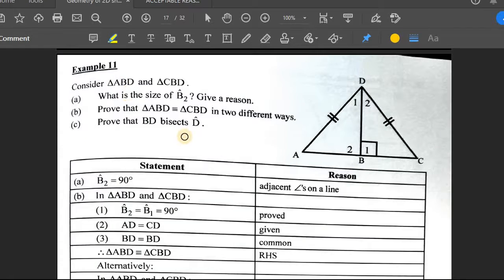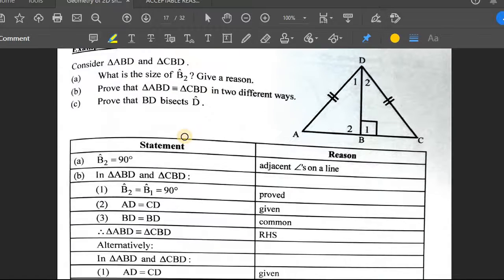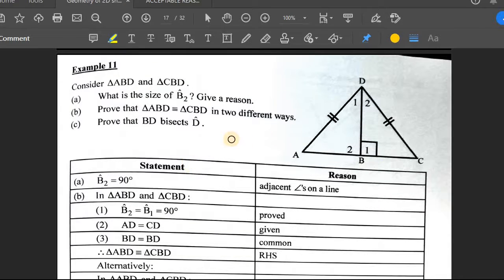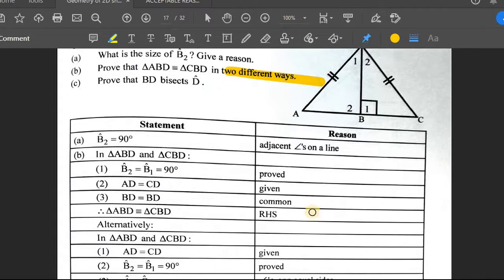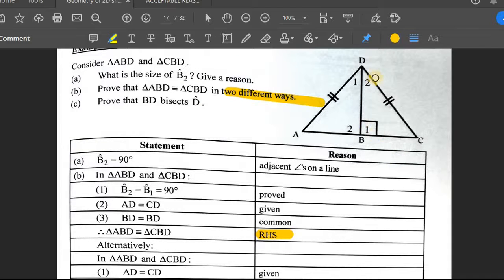Right, let's look at example 11. We're looking at page 159. Here, long story short, they want us to prove that these two triangles are congruent in two different ways. One of the ways they show you is right angle, hypotenuse and side. There's my right angle there, and this becomes my hypotenuse.